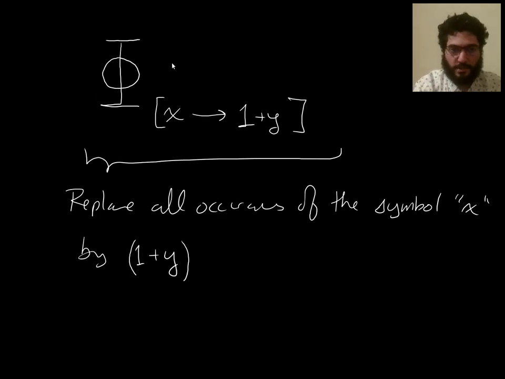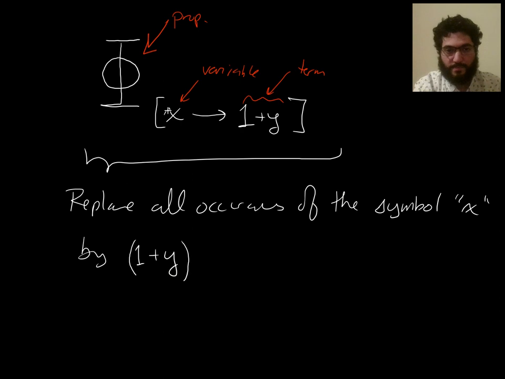So to be perfectly clear about the parts of speech involved here, what goes here has to be a proposition. And what goes here has to be a variable. So this is very strict. And what goes here can be a term. This is less strict. But what goes here has to be a variable. So it doesn't make any sense to put, say, 3 here, because that's not a variable.